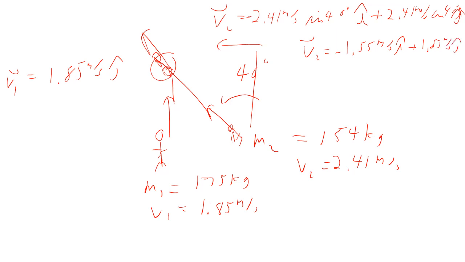Now, this is a collision problem, so it's not really the velocities we're interested in, it's momentum, because we know that initial momentum equals final momentum. Now, it's got to be the vectors. And so the initial momentum is going to be P1 plus P2, and that's going to equal the final.